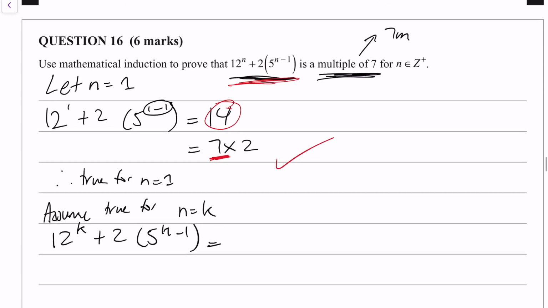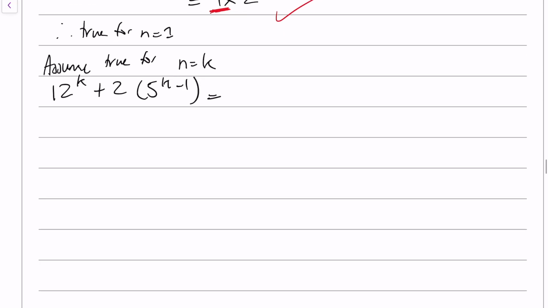And for multiple type questions, I just use the lowercase letter m, and I have to give a range for that number as well. So 7m is my version of saying a multiple of 7, where m is a subset of the positive integers. That's the symbol for that. And I can say that's my equation 1.